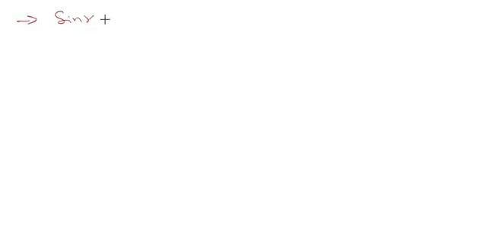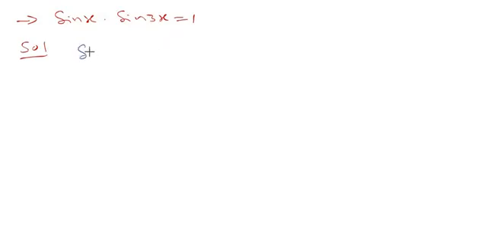Find the general solution for sin x into sin 3x equals 1. We need to identify the general solution for sin x into sin 3x equals 1. Let us solve this. Here you can see sin x into sin 3x should be 1.